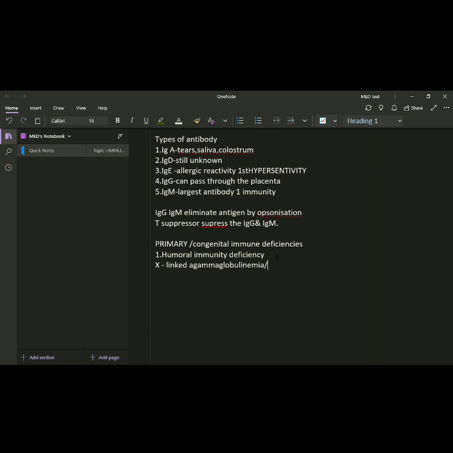There is one more name for this type of disorder, called Bruton's agammaglobulinemia. Here, let us see how it is characterized. It is characterized by decrease or absence of B cells. So these points are really very important to be noted.